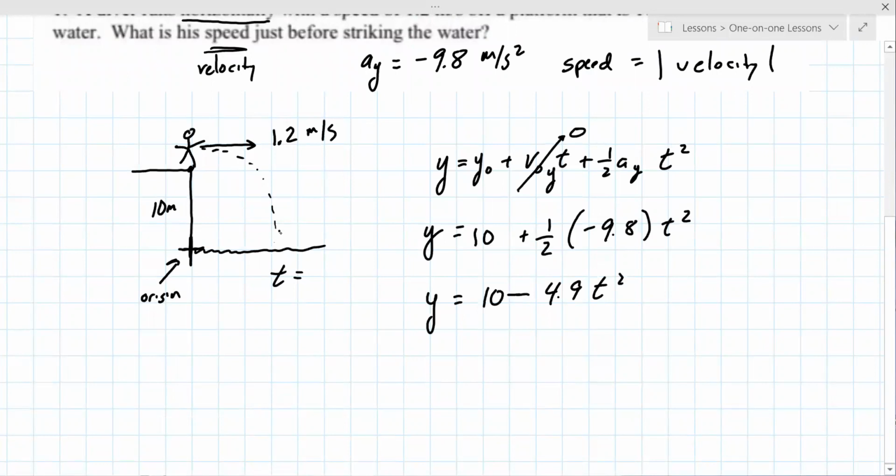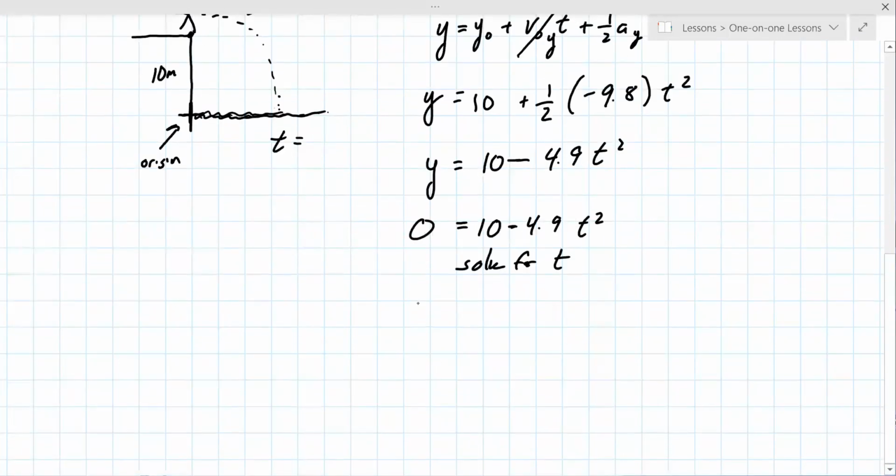What is the value of y when you hit the ground? The water in this case. It is 0, right? So we can set y equal to 0, and you can solve for t here. So when you solve for t, you get t equals the square root of 10 over 4.9.